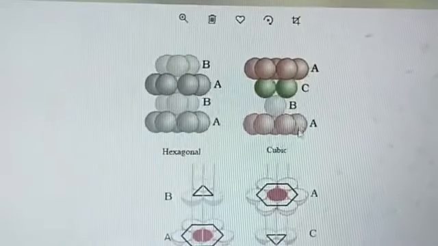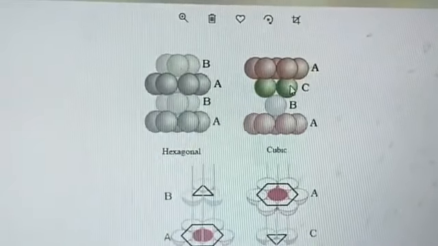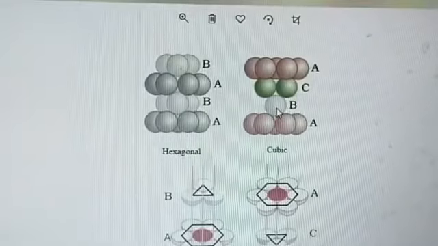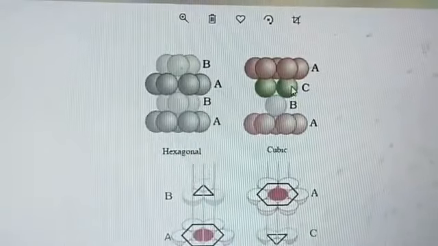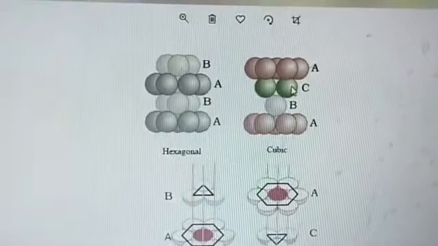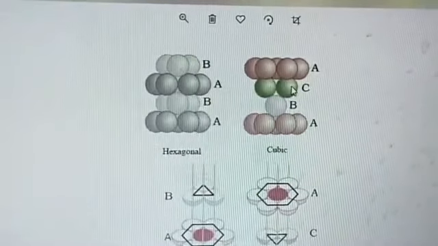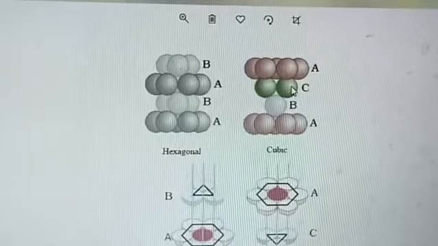But in this ABC arrangement, the third layer is not the same as either the second layer or the first layer. So we can call this type of arrangement the ABC arrangement.